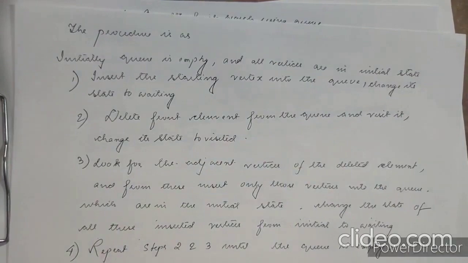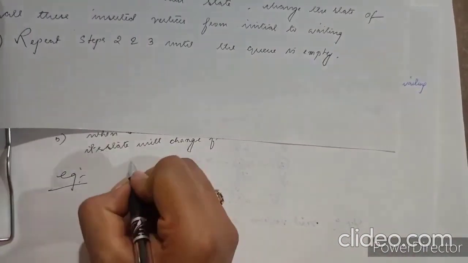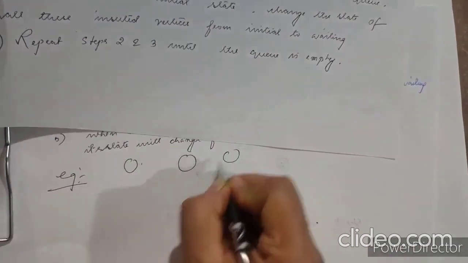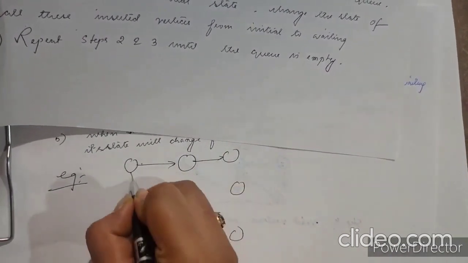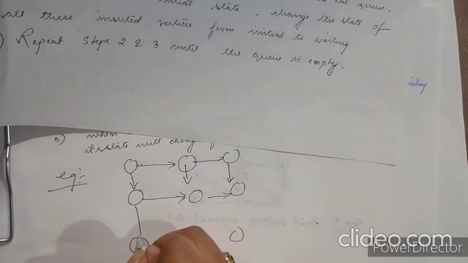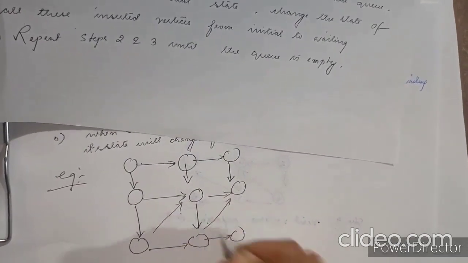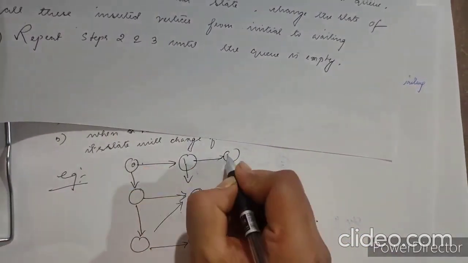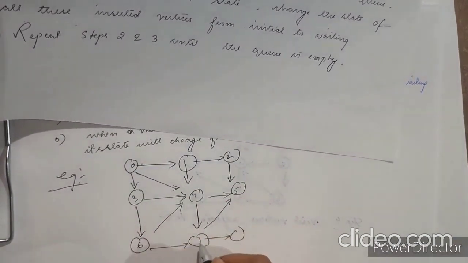Now let us take an example to understand this, and solve it following this procedure. So 0, 1, 2, 3, 4, 5, 6, 7 and 8.